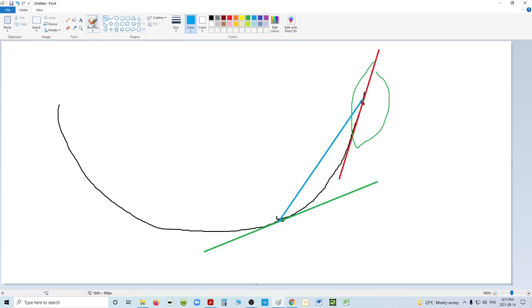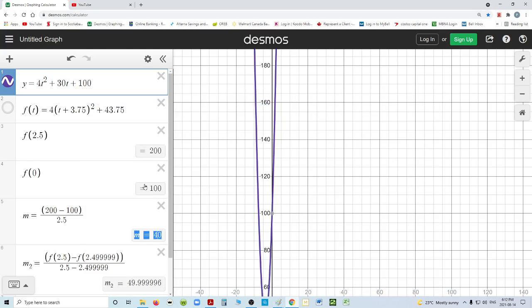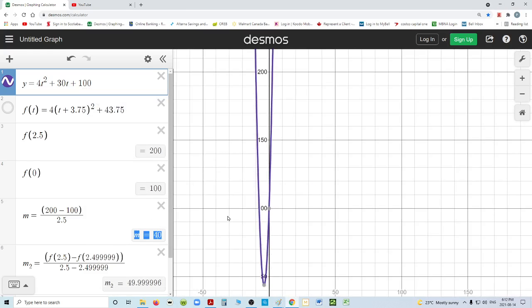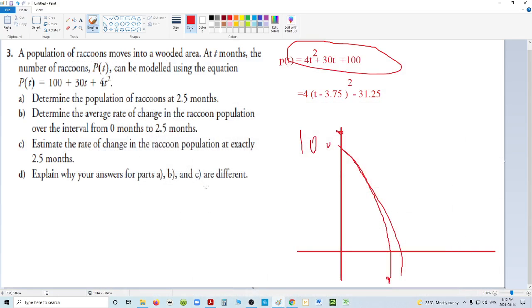So the reason we're not getting something close to the actual red line that we're interested in is because we're factoring in this very slow slope down here that comes up with this blue line, which is the 49.9 we came up with. So you'll never get an accurate look until you get really close to instant rates of change. They're different because the average rate of change is factoring in the very low numbers that the raccoon population was showing in the beginning. I hope that's clear.